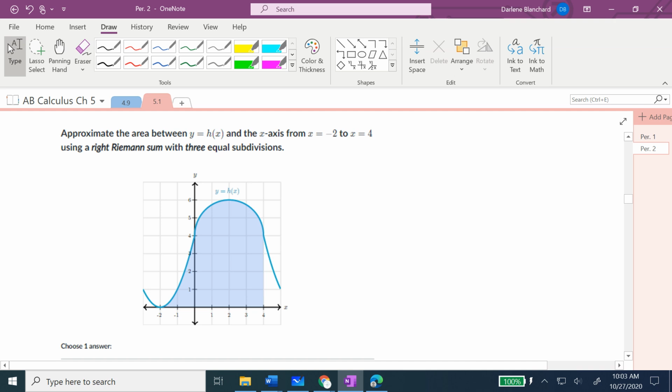We are approximating the area between y equals h of x and the x-axis from x equals -2 to x equals 4 using a right Riemann sum with 3 equal subdivisions. I'm going to start with 3 equal subdivisions.